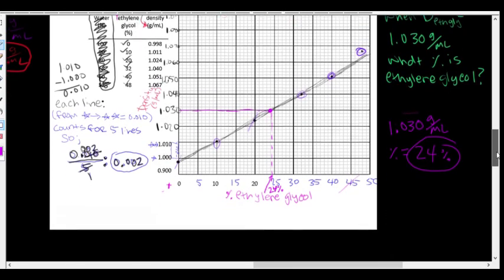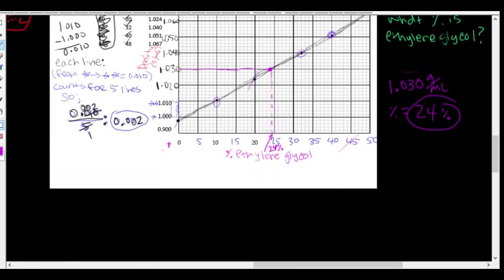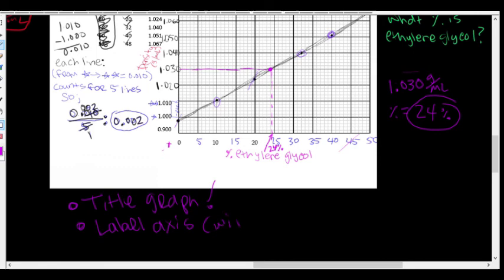Let me write again. The key things you want to do is title the graph. You also want to label axes with units too. And the title of the graph is y versus x.